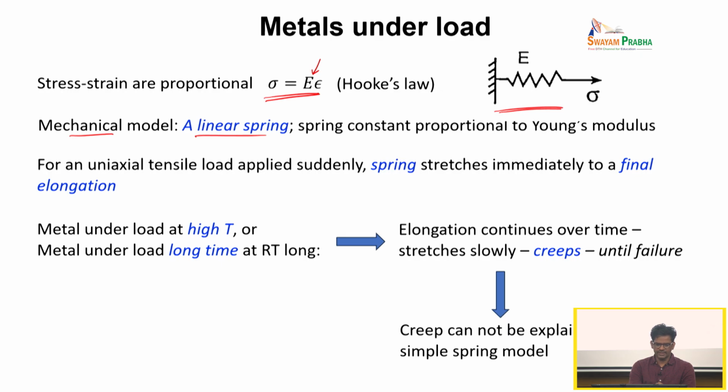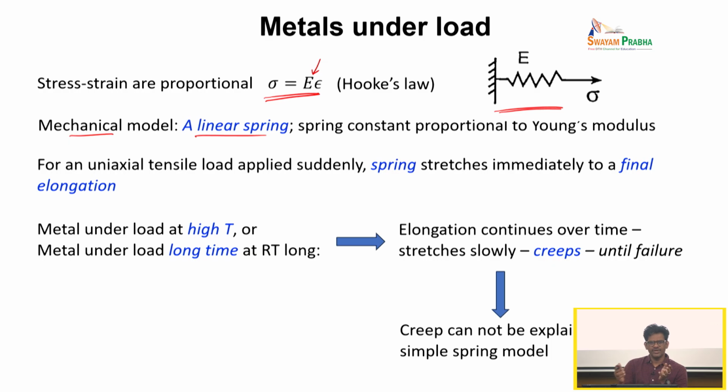So this Hooke's law, or the linear spring model, says that if you apply a load, you see an immediate deformation. But sometimes we apply load at a high temperature, or at room temperature but over an extended period of time. In this case, the deformation or elongation will continue over time, because you are sustaining the load for a very long time, or you are at a very high temperature.